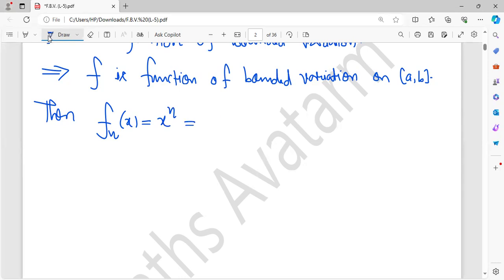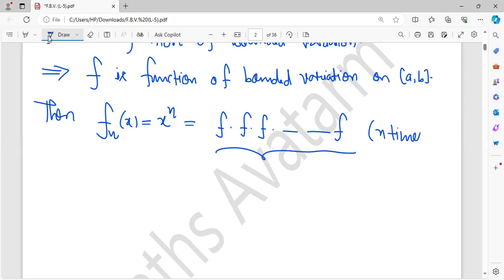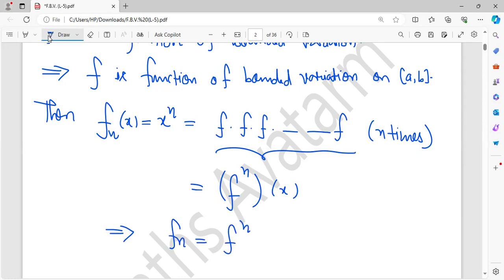I can write it as f times f, up to n times. So this is nothing but f to the power n.